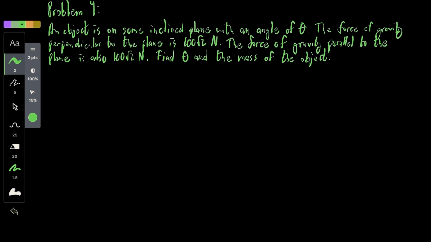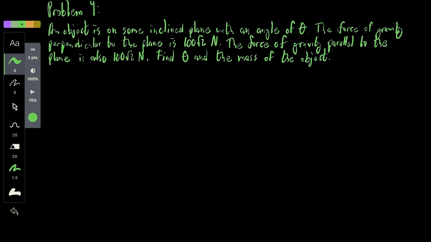This problem states an object is on some inclined plane with an angle of theta. The force of gravity perpendicular to the plane is 100 times the square root of 2 newtons. The force of gravity parallel to the plane is also 100 times the square root of 2 newtons. Find theta and the mass of the object.